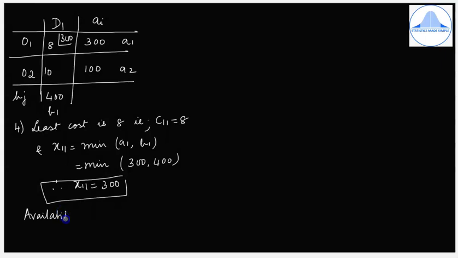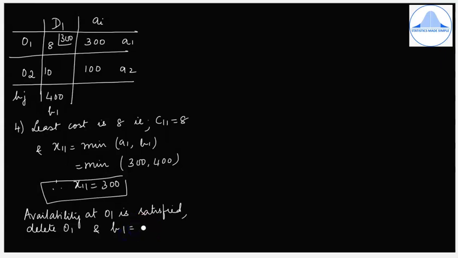So write availability at O1 is satisfied. So because the availability is satisfied, you have to delete O1 and you have to make the adjustment for the requirement B1.